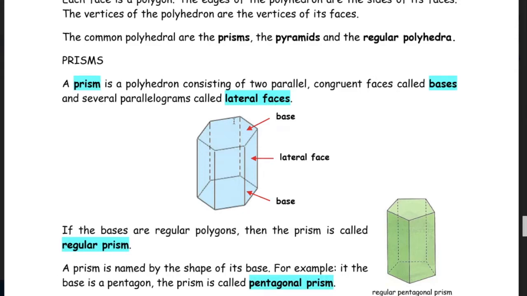So we have one base here, two bases here, and these two bases are the exact same size and shape. And to connect those two bases are the lateral faces. These rectangles going all around the prism.